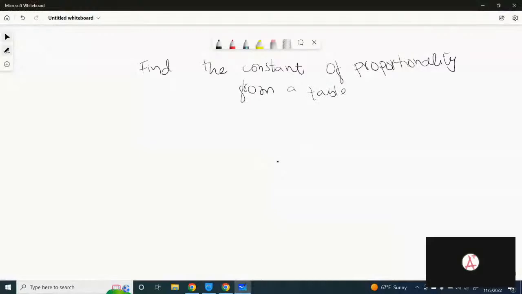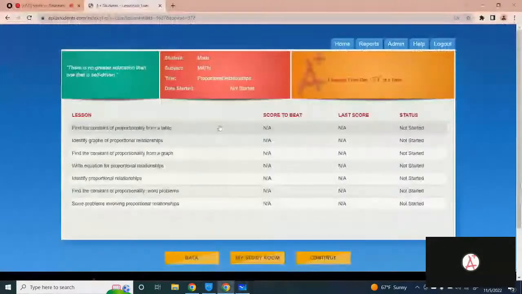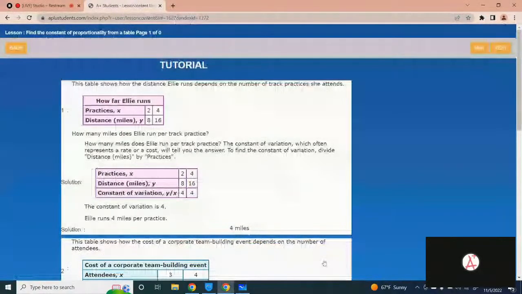Okay, so let's start with an example. The table shows how the distance Ellie runs depends on the number of track practices she attended.